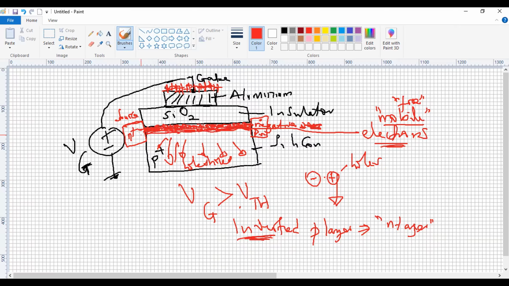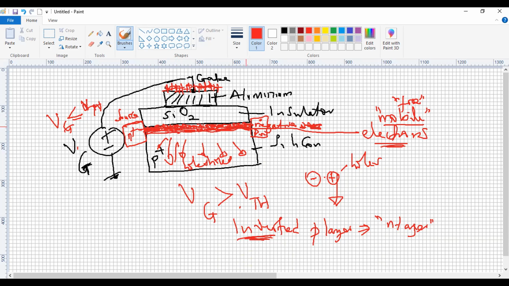And the benefit of this, the reason this can switch very quickly, is that as soon as I remove this VGS, so if this VG now becomes negative, or less than 0, for instance, or less than that particular threshold actually, then this channel will disappear.